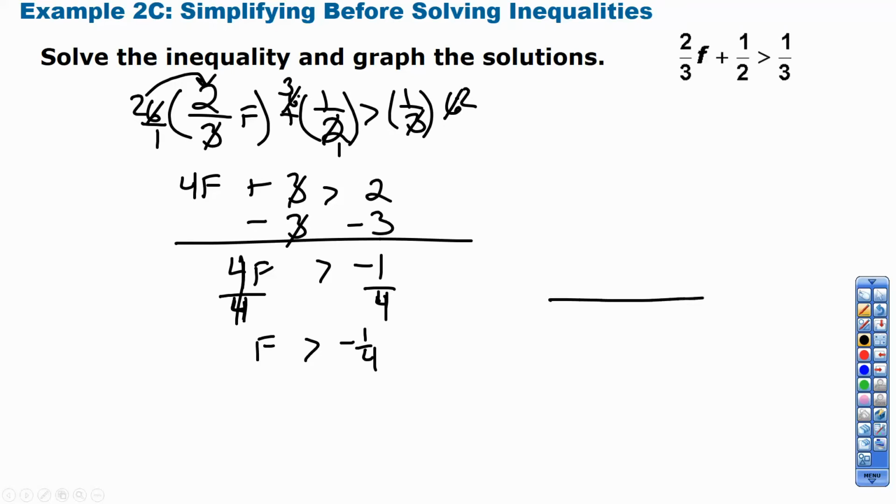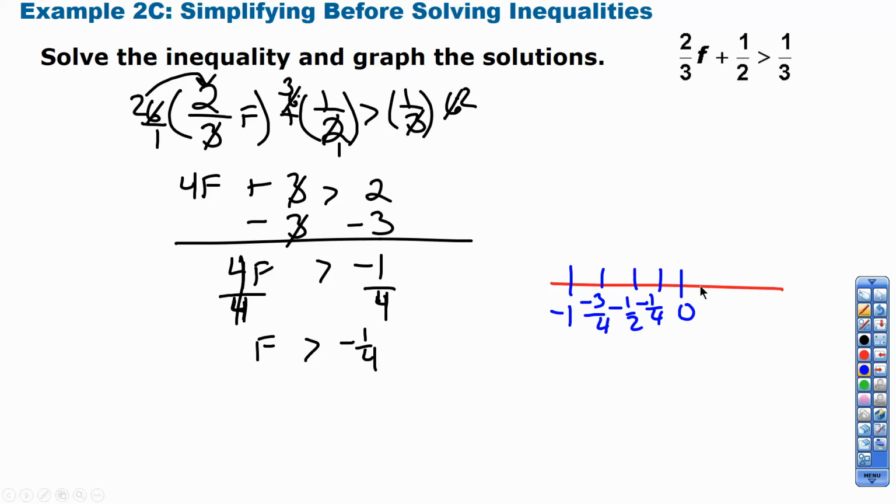So now I'm going to graph that. I'm just going to graph this in terms of quarters, because that seems like the easiest way to graph it. So we'll say 0, -1/4, -2/4. What's -2/4? It's actually -1/2, -3/4, and -1.